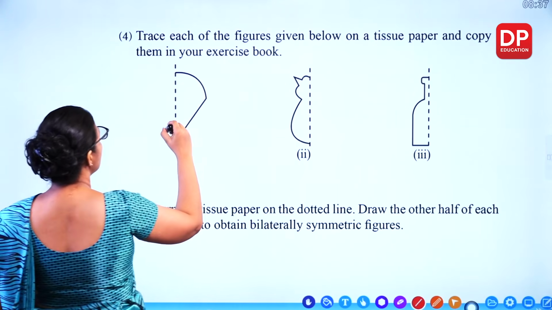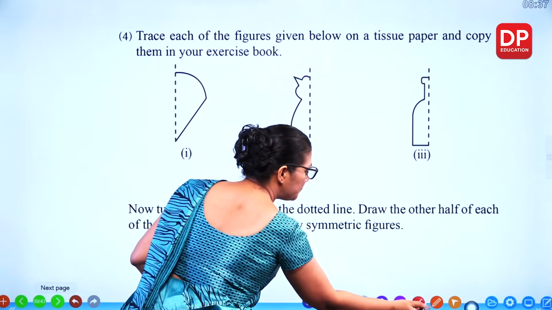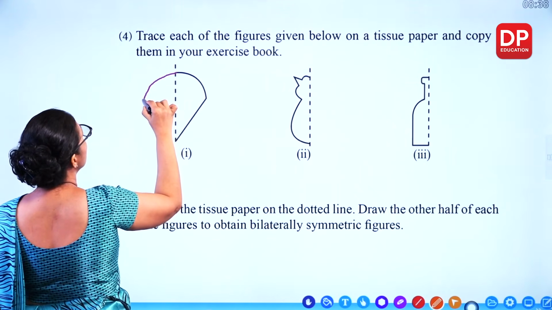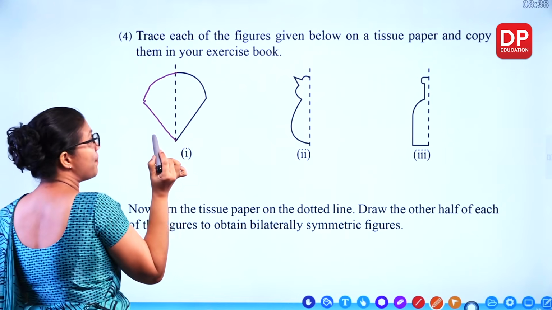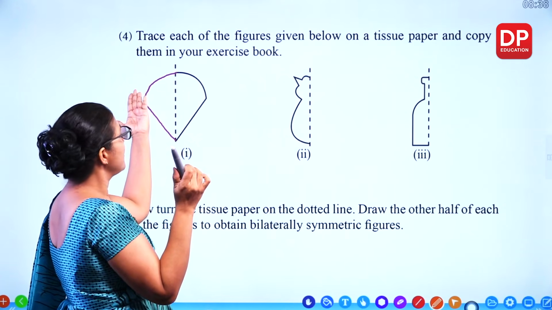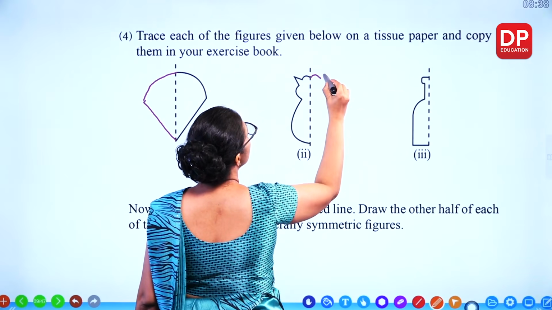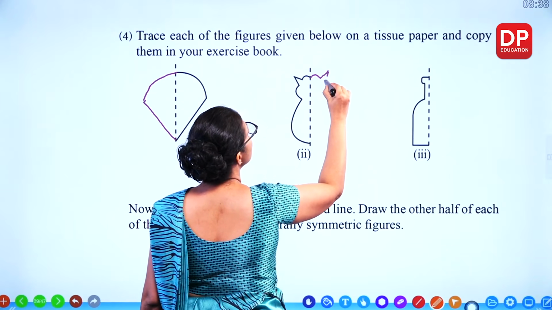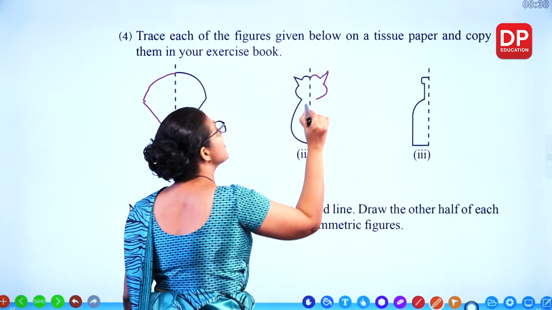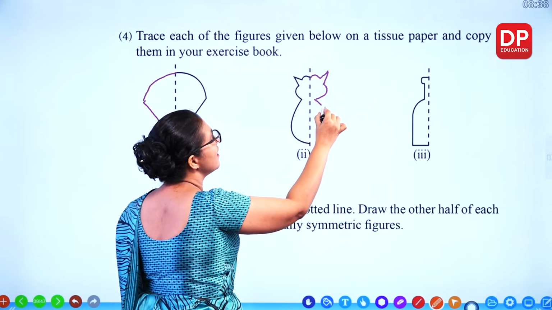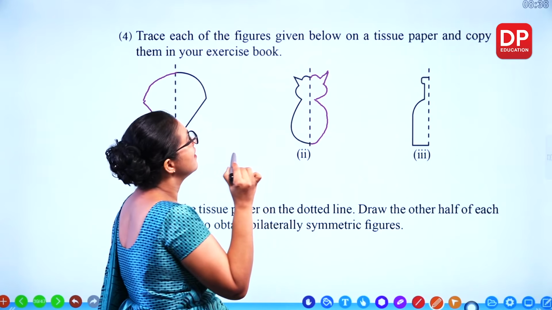So I'll try to draw the other part. So you have the tracing paper, so you keep it on the other side and trace it. So here we'll try this one. So you get this and something like this, and here.